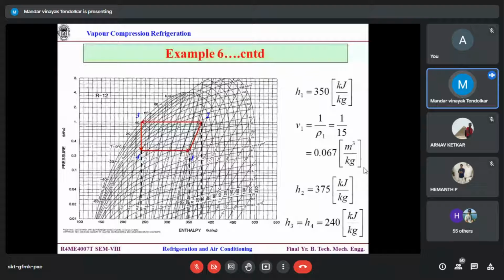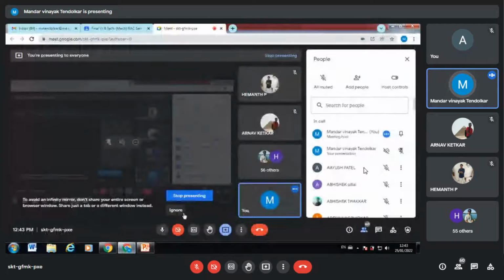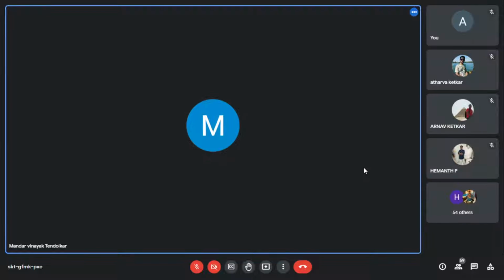Now again, I have to draw through paint. Up to this. Fine. You got this point 1? Yes, sir. Okay. Now again, I will go back to the paint part.